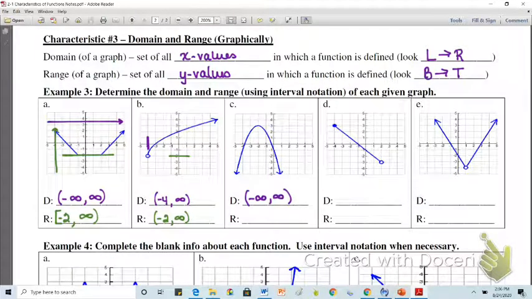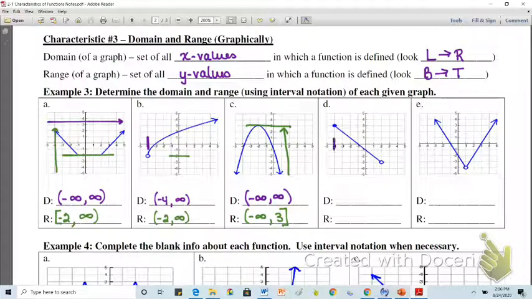Next, I'm going to look at my range, bottom to top. So my bottom goes forever, but my top stops here. So that is going to be -infinity to 3. And that's going to get a bracket because that is included. There is a point at 3.